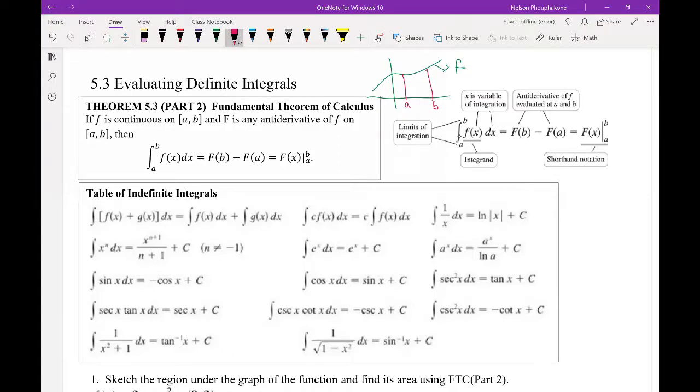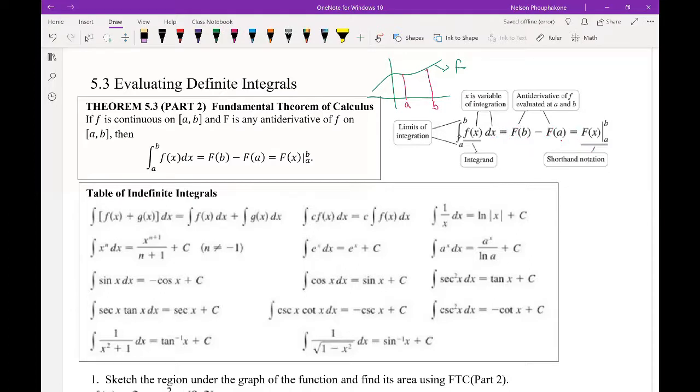And of course, the dx tells us that the function depends on x. This F right here is the antiderivative, then we evaluate capital F at b minus capital F at a. Again, this is just a shorthand notation.